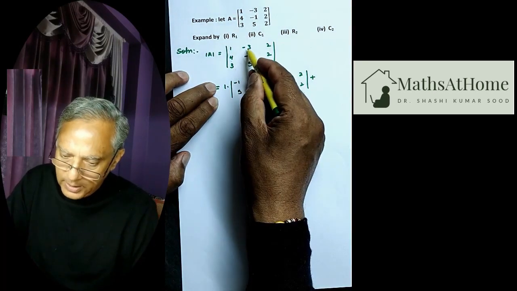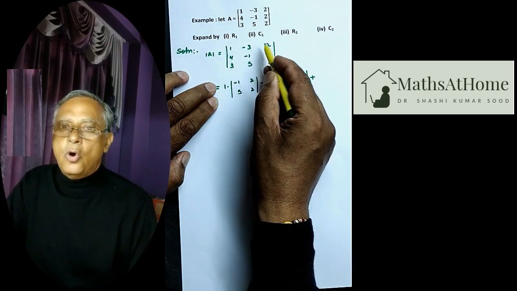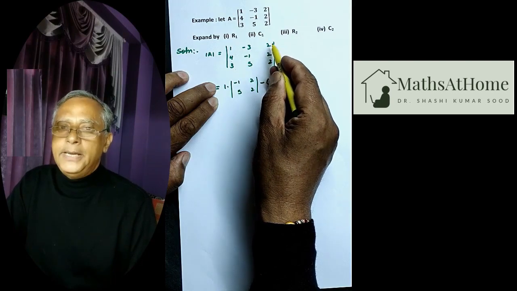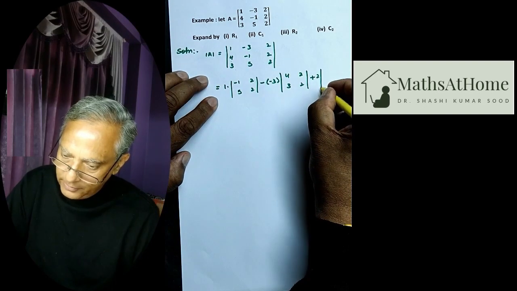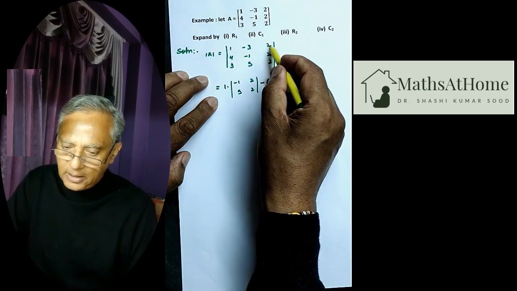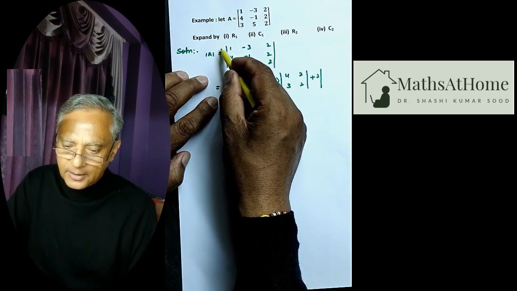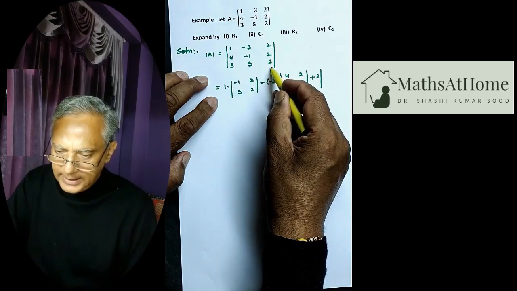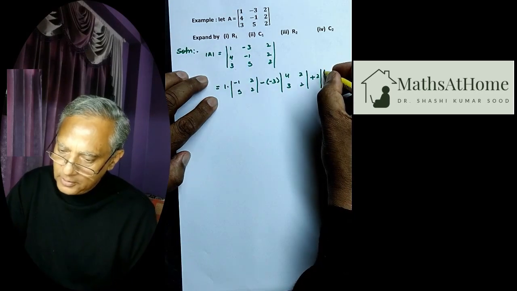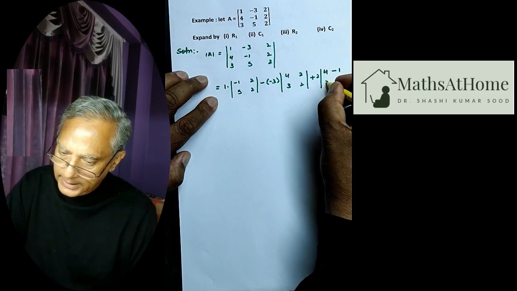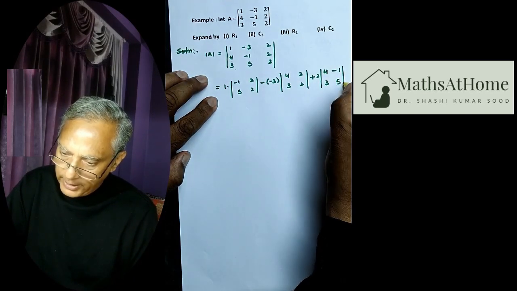This place will be 1,2, odd. This will be 1,3, even. So this will be even, and we will delete the row and column in which this entry occurs. We will be left with 4, minus 1, 3, 5.